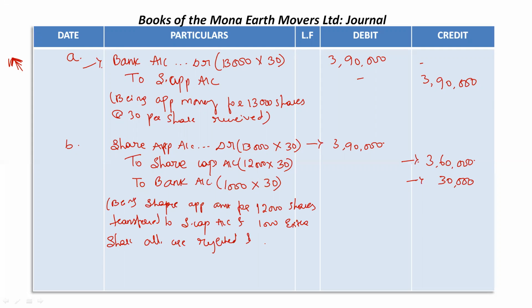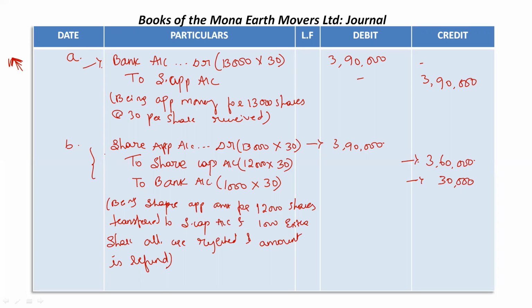Okay, and amount is refunded. You can write the narration in your own words, but it is necessary to include everything which is happening in this entry. You need to mention everything, but you can write it in your own words.